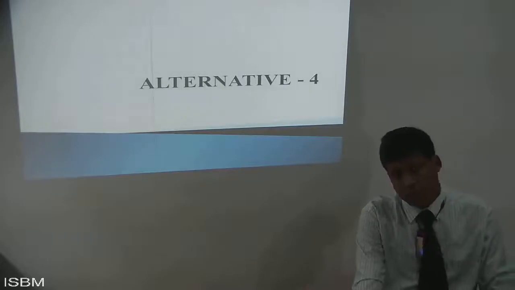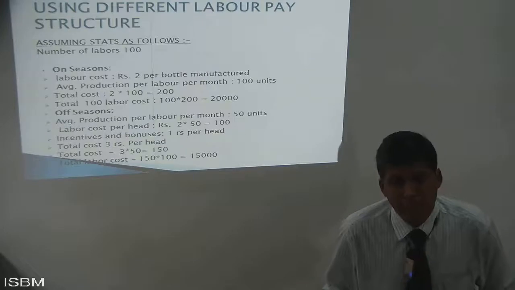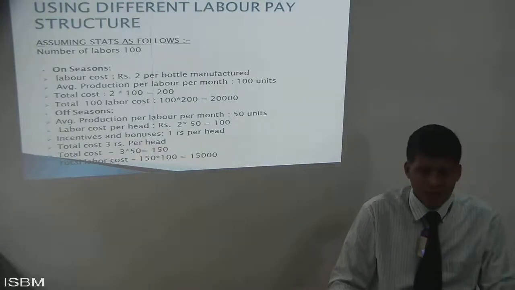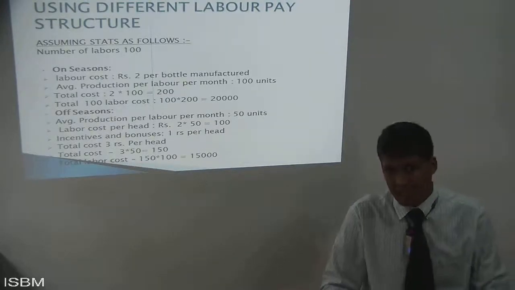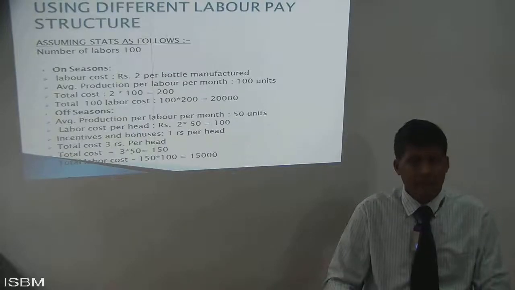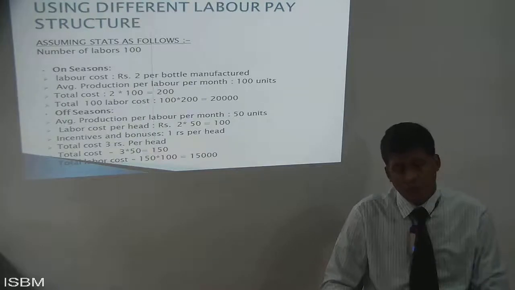Or the fourth alternative, that's about using a different labor pay structure. Now, assuming certain stats as follows, just an assumption to make it more mathematically correct, although it might not run by that standard, it gives a proportionate direction to what we are talking of. So suppose the number of laborers is 100.